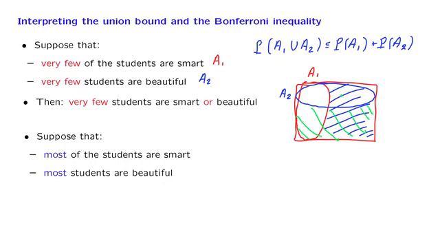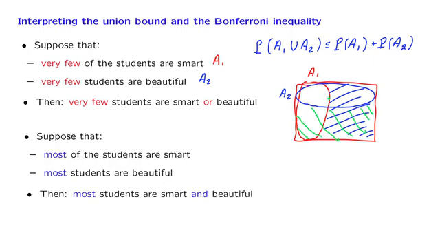So everything outside here is a small set, which means that whatever is left, which is the intersection of A1 and A2, should be a big set. So we should be able to conclude that in this case, most of the students belong to the intersection, so they're both smart and beautiful.